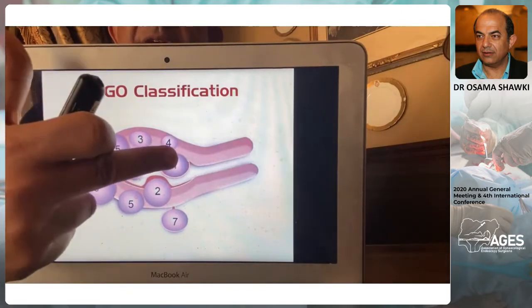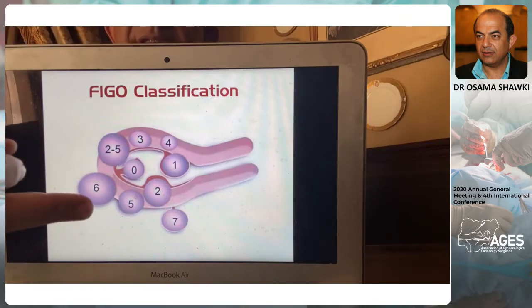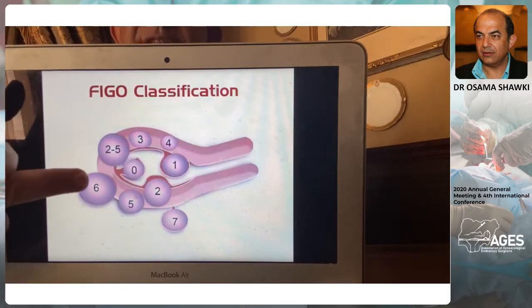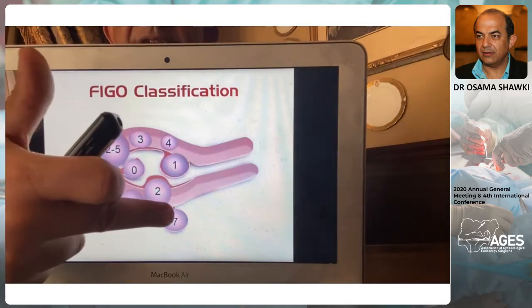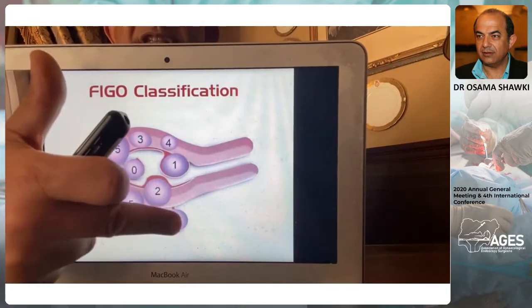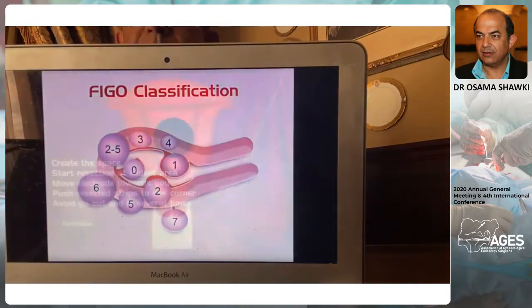Type 3 and type 4 are both intramural, but type 3 is intramural touching the endometrium, and type 4 is intramural touching the serosa. When it starts to migrate outside the surface of the serosa, it is type 5. More than 50% bulge is type 6. And if it is pedunculated, it is type 7, which is equivalent to type 0, but this is pedunculated subserous, while that is submucous.